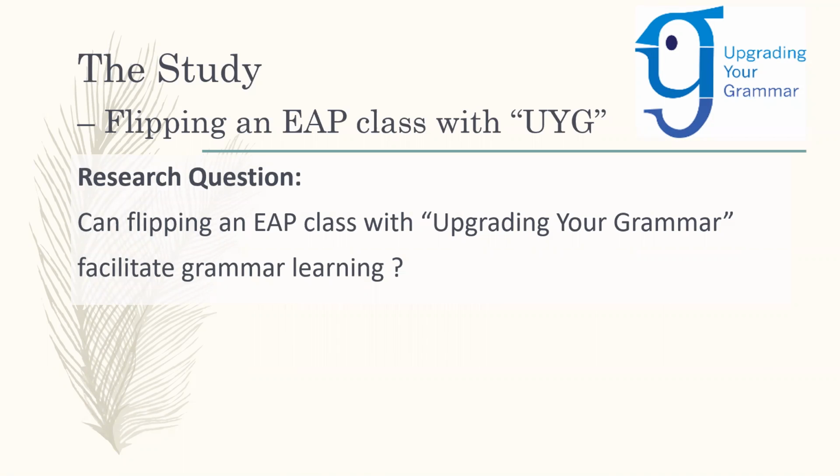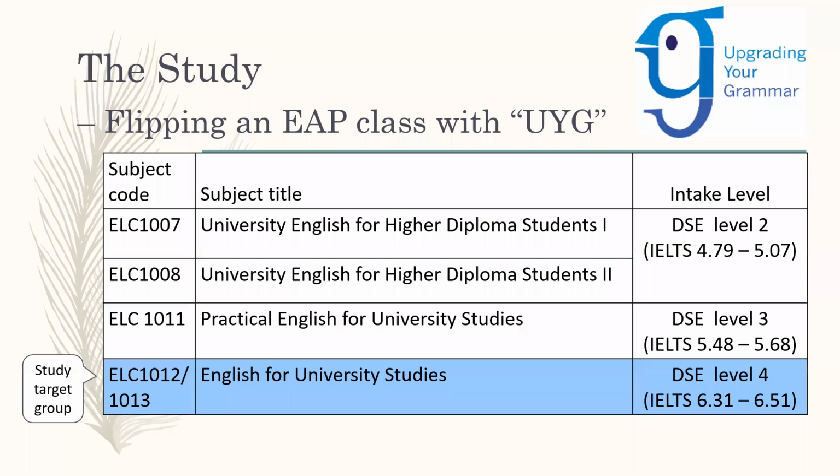So when I was doing this research, I was trying to answer this question: does flipping this Upgrading Your Grammar course with my own EAP class really facilitate students' learning in terms of their grammar? So in order to answer that question, I was testing this out with the flipped classroom approach on 2 of my classes. So these are the 2 classes containing 30 students in total of the subject English for University Studies.